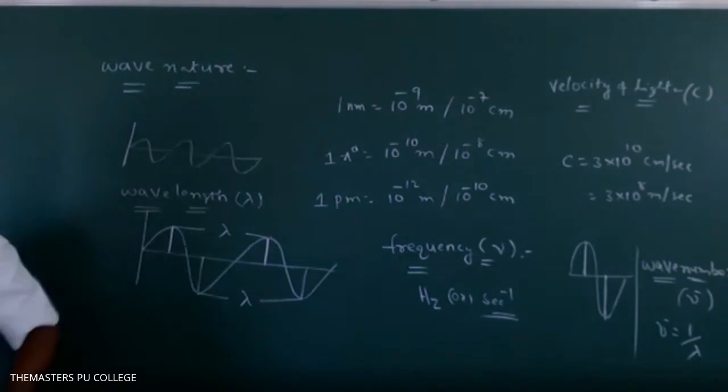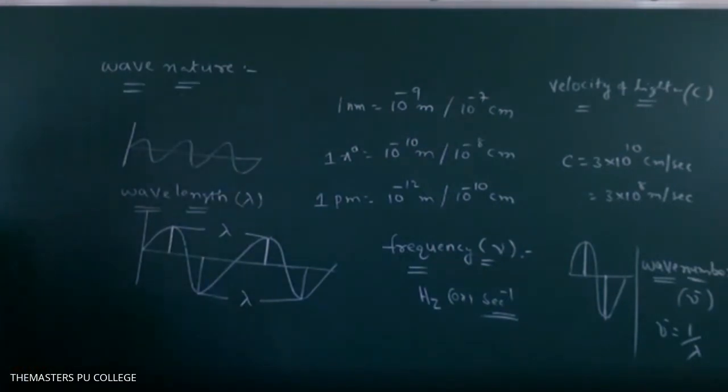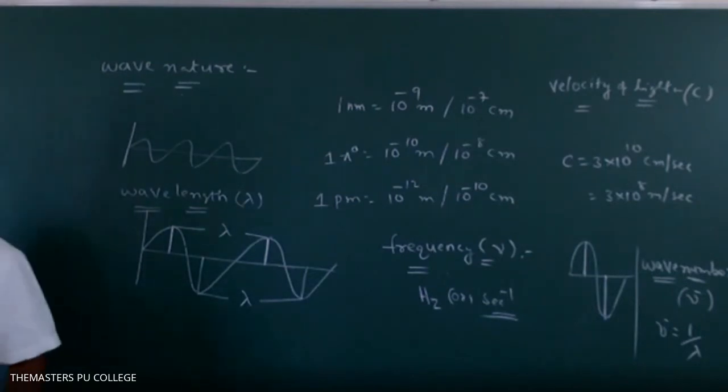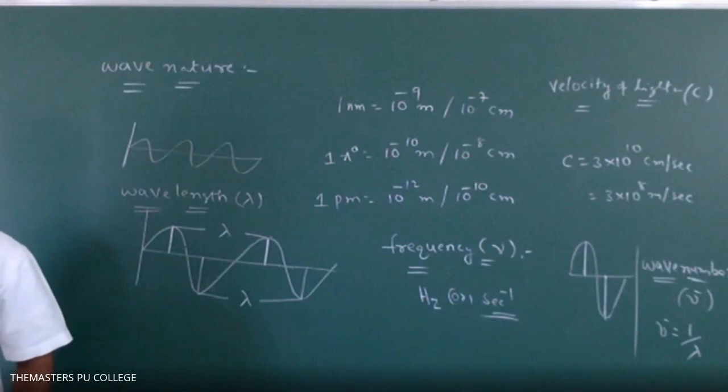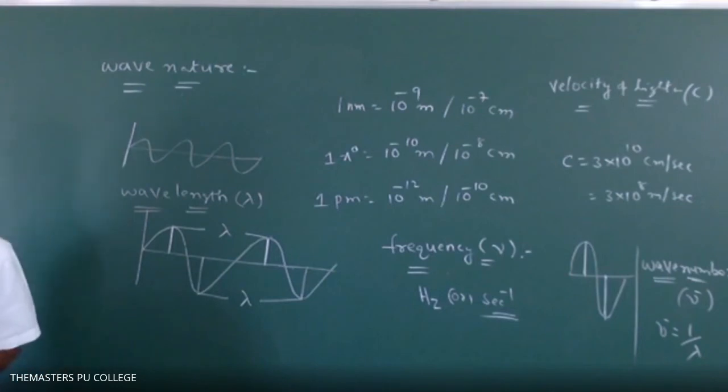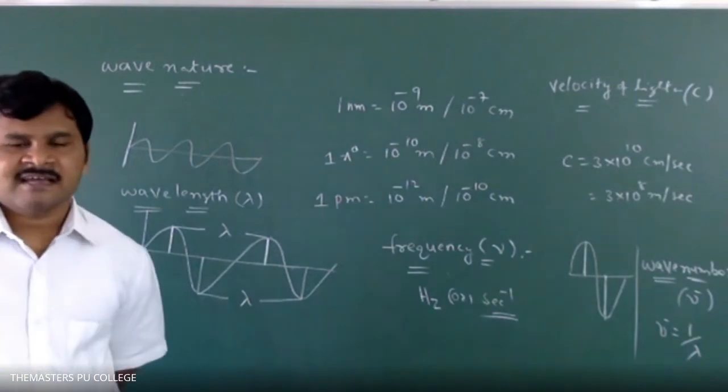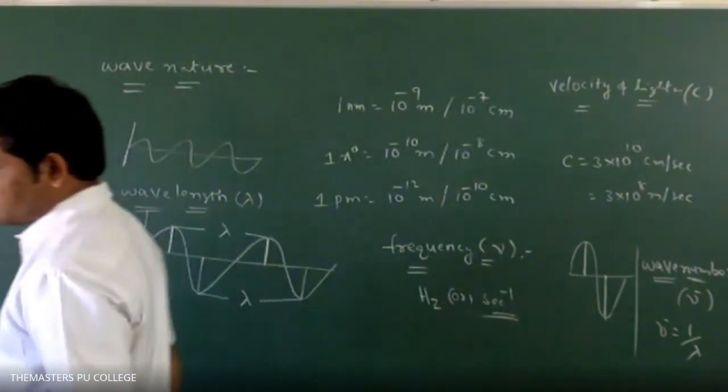Wave nature. When an electrically charged particle moves under acceleration, alternating electrical and magnetic fields are produced.